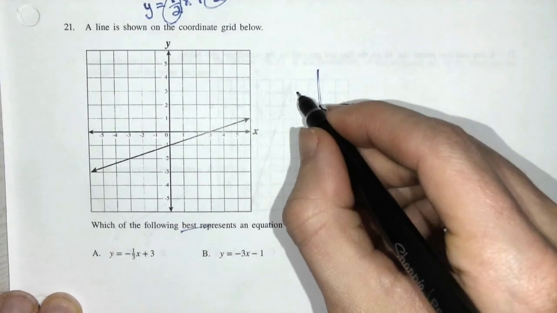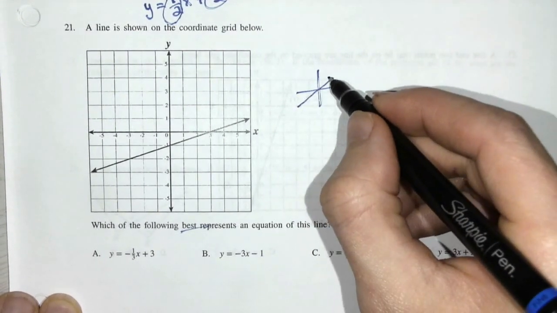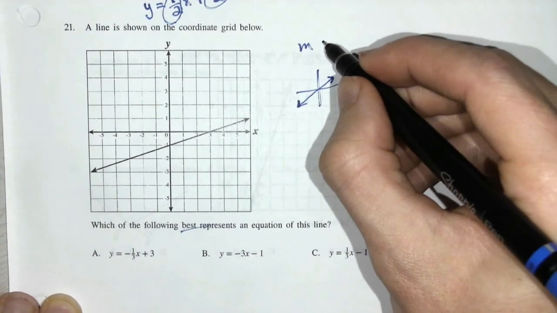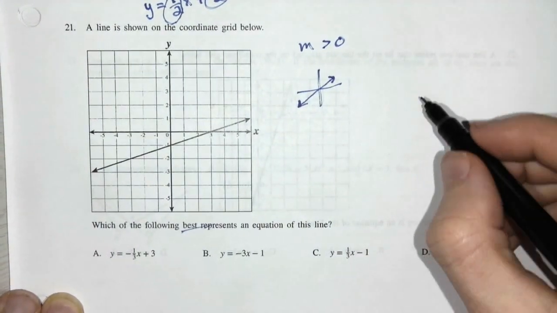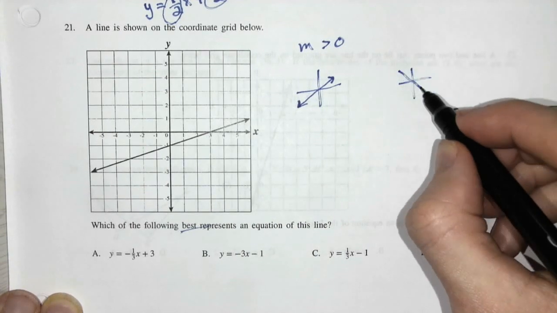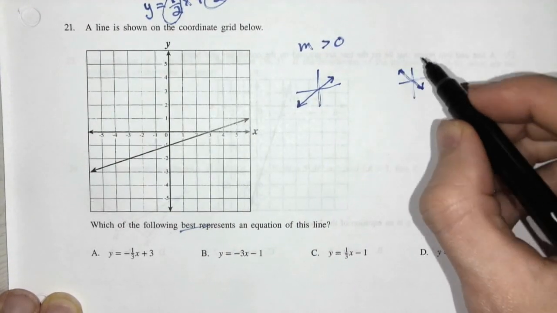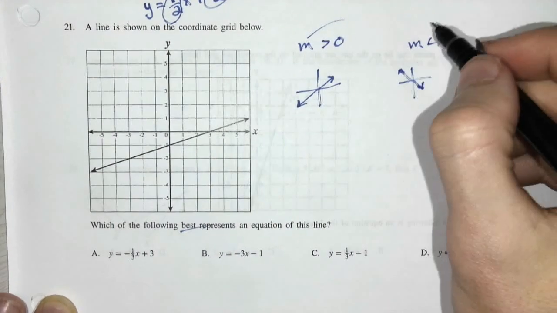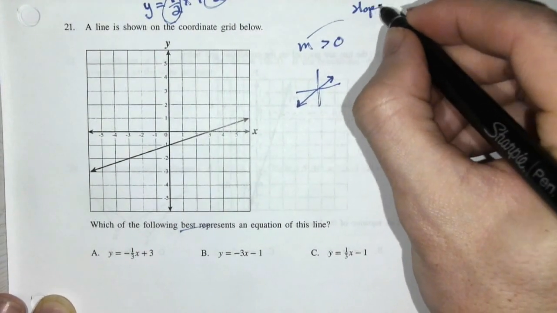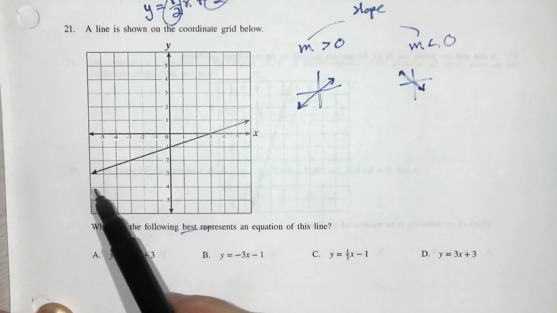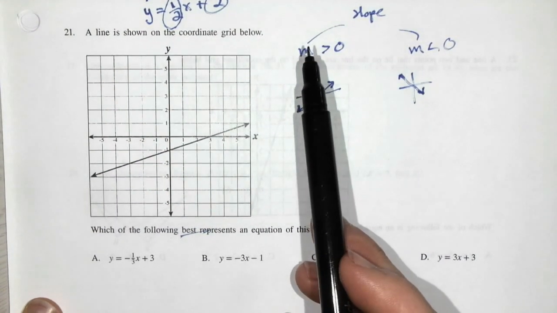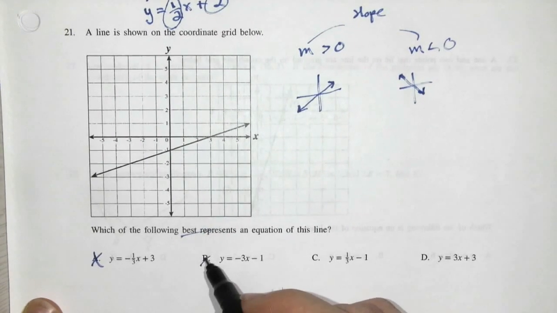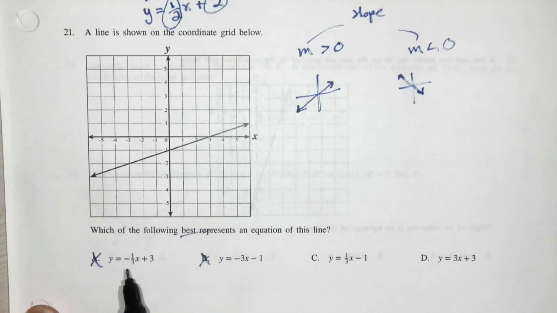If it's going up from left to right, m is greater than 0. If it's going down from left to right, m is less than 0. And when I'm talking about m, I'm talking about my slope. So here it's going up from left to right, so my slope is greater than 0. So I can automatically say A is no good, B is no good, because they have negative slopes.